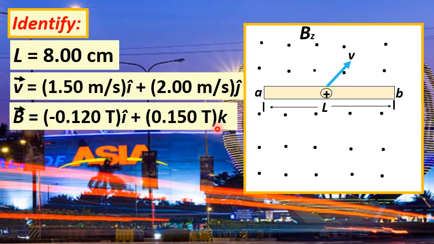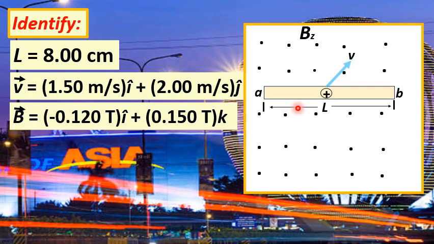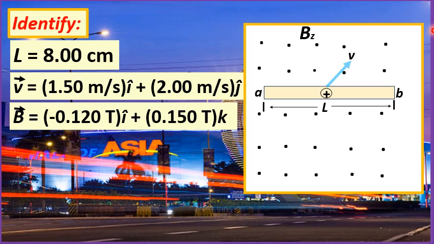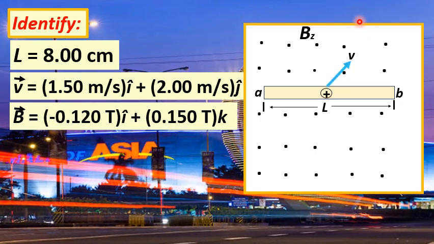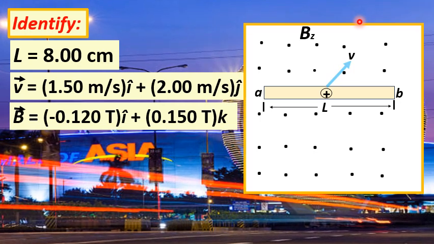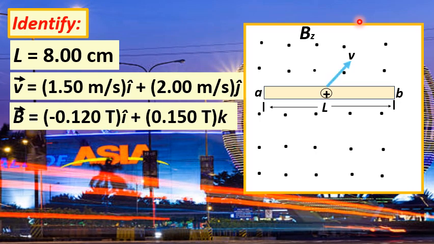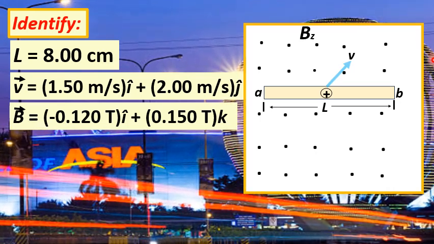Now, the positive z component of the magnetic field is what is represented by the dot symbols in the figure, suggesting that the positive z component of the magnetic field is directed out of the page toward the reader.